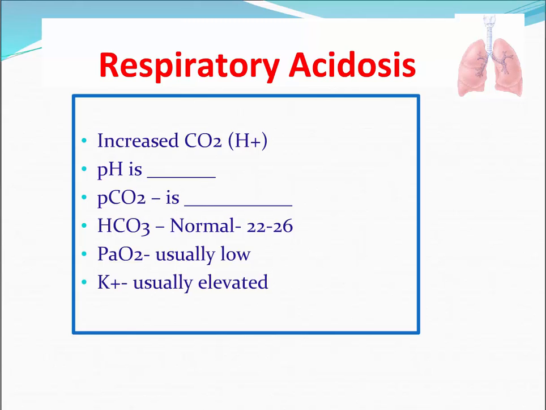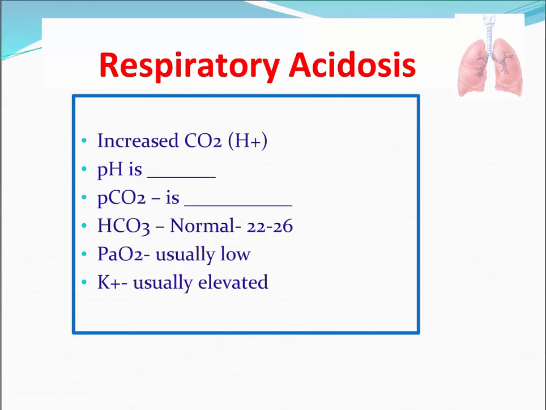Okay, now that we've talked about metabolic acidosis, we're going to address respiratory acidosis. With respiratory acidosis, there will be an increased CO2, which, if you recall, with that carbonic anhydrase formula, ends up with the excess hydrogen ions. So, I'd like you to take a moment and just fill in what range the pH would be and the PCO2.